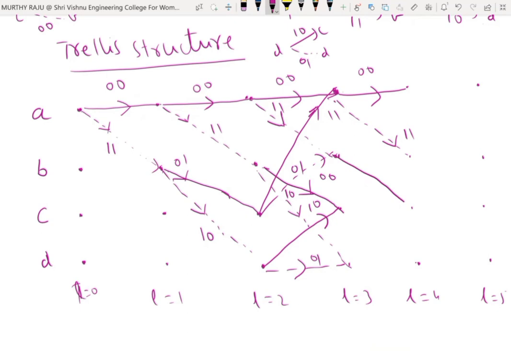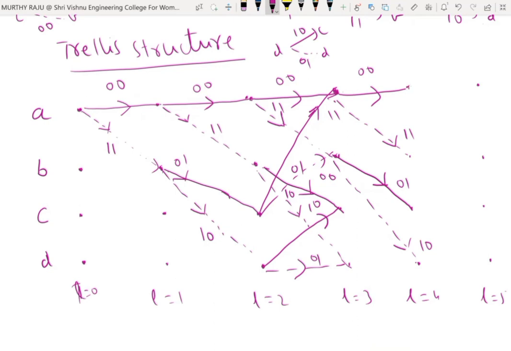Here B to C. B to C with output 0 1. B to D, 1 0.